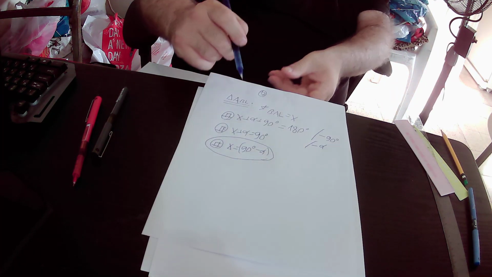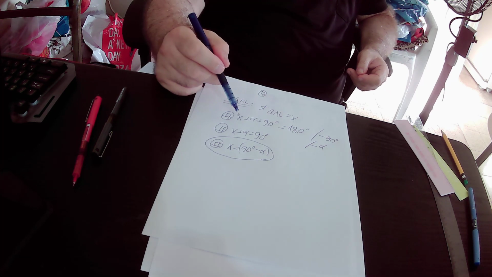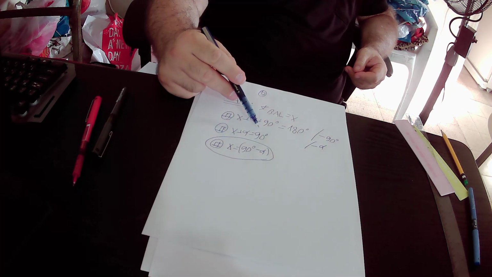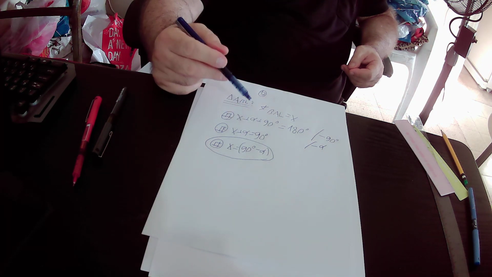X plus alpha minus alpha equals x, and 90 degrees minus alpha stays 90 degrees minus alpha.